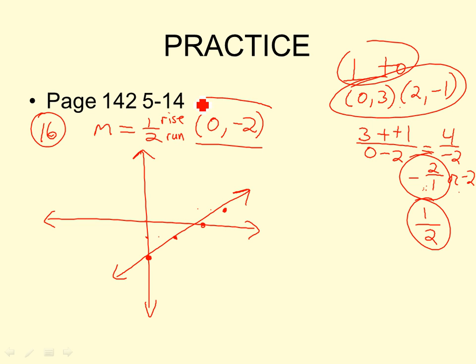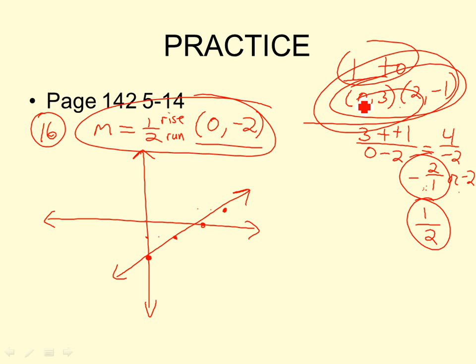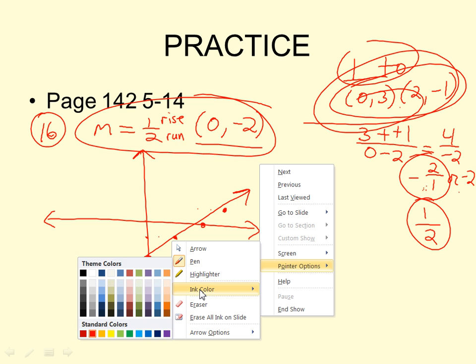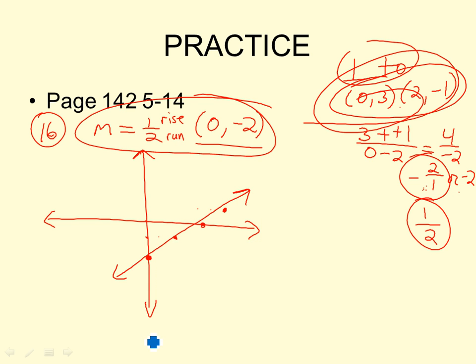Remember, this is the line. If we were to graph the other line that they gave us, (0, 3), 1, 2, 3, and (2, -1), somewhere about there, it's going to come down through here.